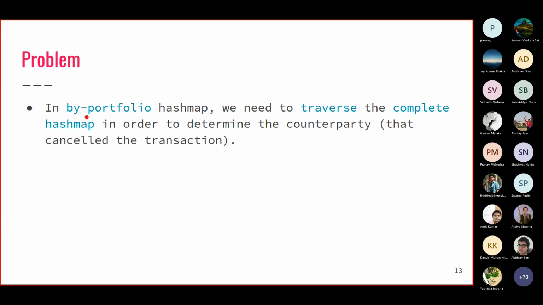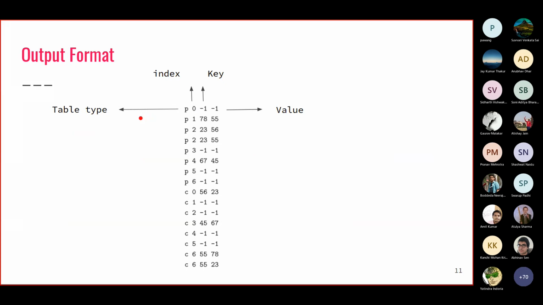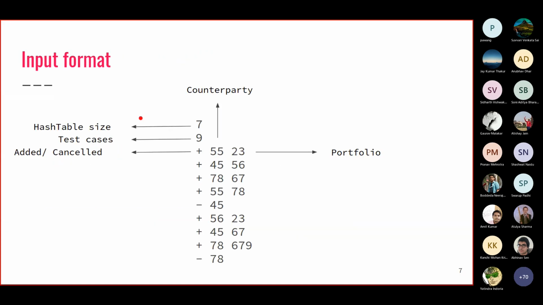So what is the problem when we are traversing through the portfolio hash map? The problem is that when we are deleting some entry, if you see that, we are deleting by counterparty ID. So this 45 denotes the counterparty ID, but we don't have any portfolio number associated to it.